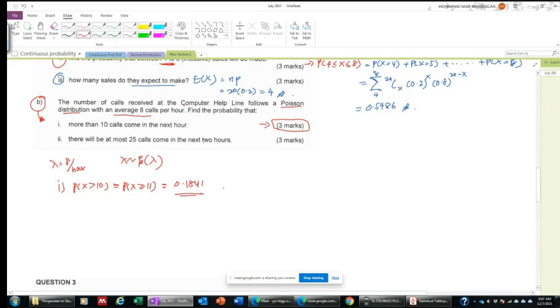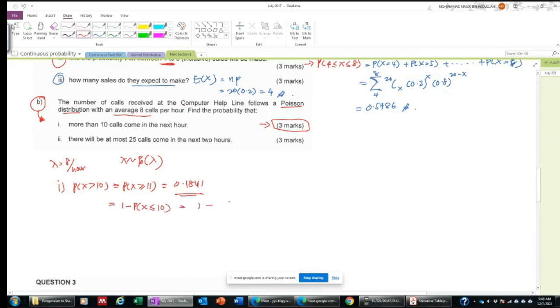So what I expect is some calculation here. So you need to calculate by using your formula. To calculate using the formula, more than 11 would be very massive, and we don't know what the stopping point is. So now what we can do is 1 minus probability of X less than or equal to 10.